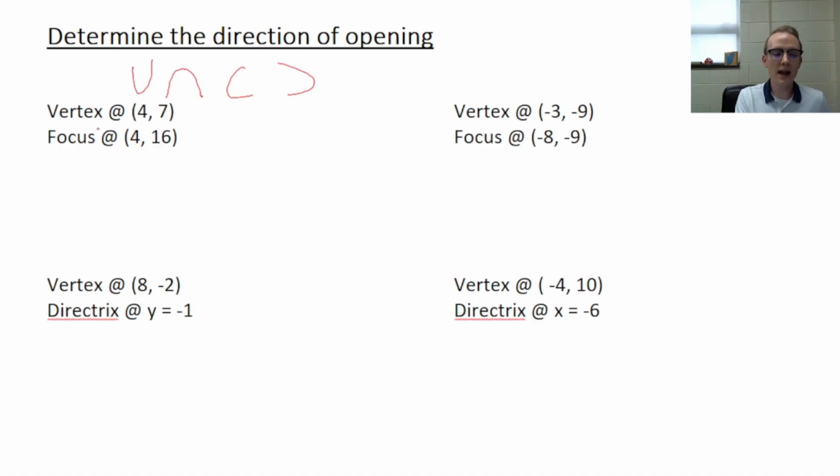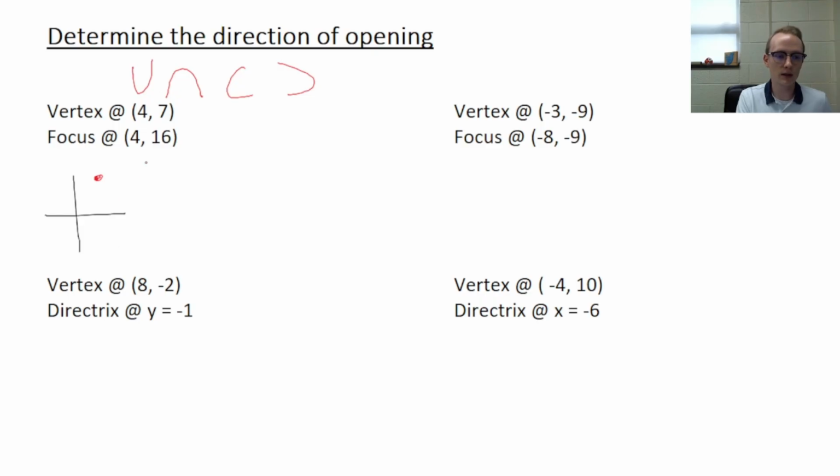So if we have a vertex at (4, 7), and we have our x and y axes like this, we're going right 4 and up 7. We don't need to draw the tick marks and figure out exactly where it's at. Again, we just need a very rough sketch, so it's somewhere over here.